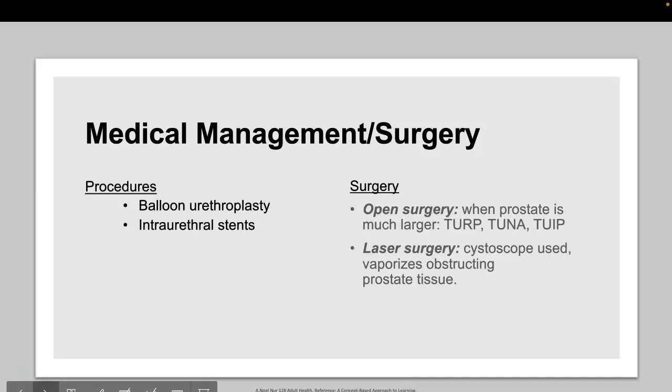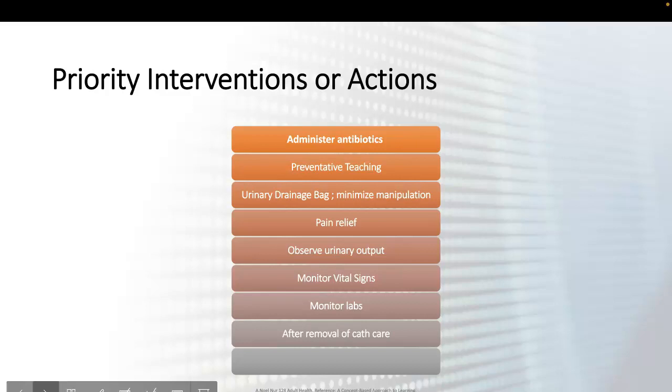Complications do include, and this is for all of the surgeries, urinary tract infection, hemorrhage, especially for TURP, and clot retention, and also inability to void. So priority interventions do include administering antibiotics, pre and post-op actually, and preventative teaching.